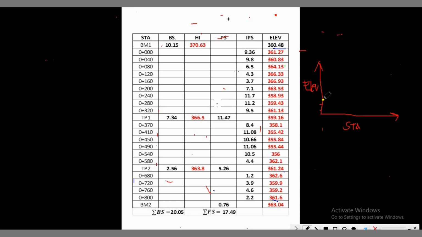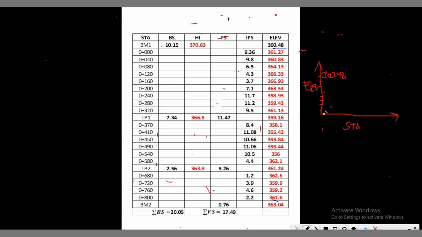So, dito sa may elevations na to, let's say, elevation, this is elevation at 360.48.